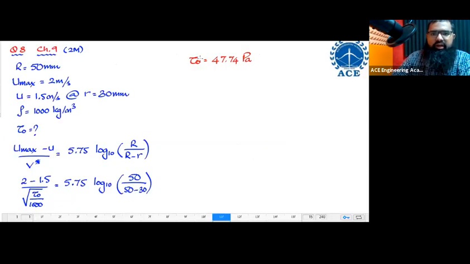I hope all of you are getting tau naught equal to 47.74 from here. This is question number 4 I'm taking, chapter number 9.